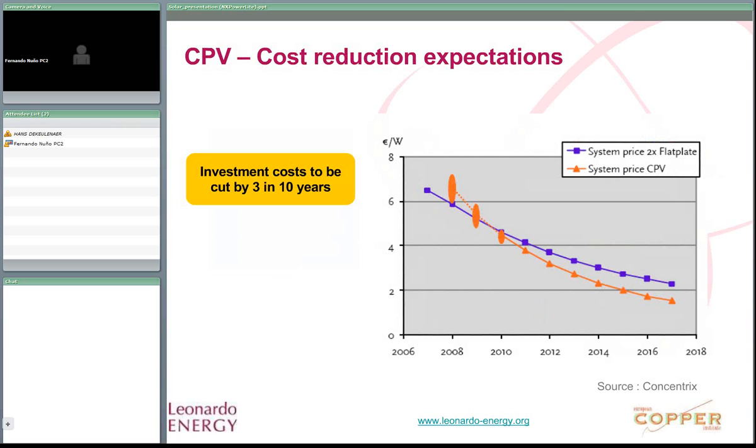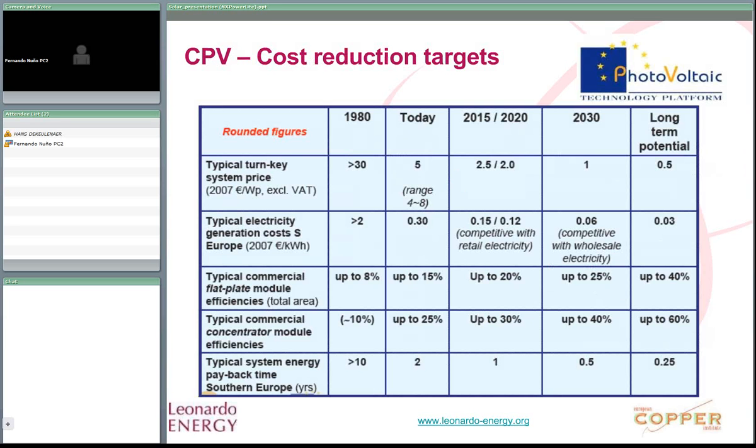The cost reduction expectations are as follows. Today, the cost of installed power is roughly between 6 and 7 euros per watt. It's expected in 10 years to be reduced by 3. According to the photovoltaic technology platform of the European Union, we could find a levelized cost of energy currently about 30 cents per kilowatt hour.